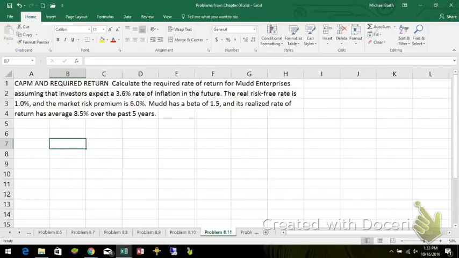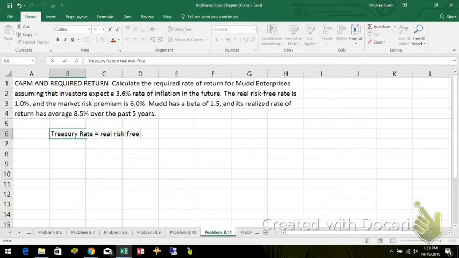Real risk-free rate means net of inflation, and we're given an inflation rate. So if I was calculating the nominal risk-free rate, or the rate treasuries would have to pay, the treasury rate would be equal to the real risk-free rate, which we had from Chapter 6, plus the inflation premium.